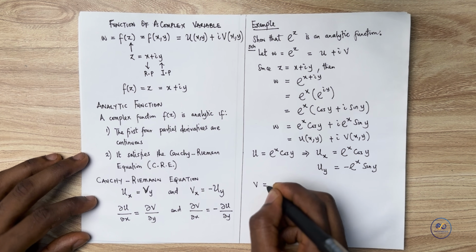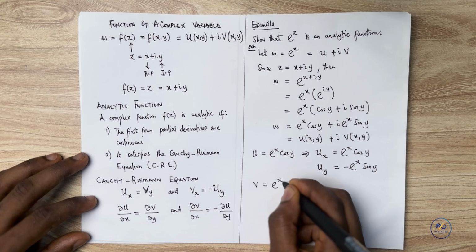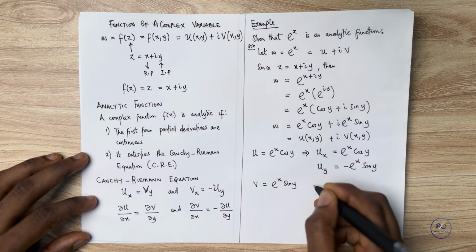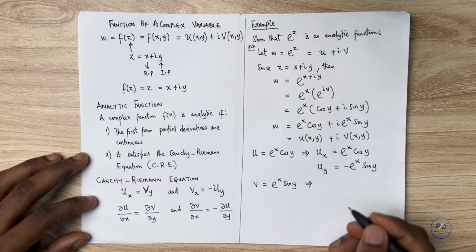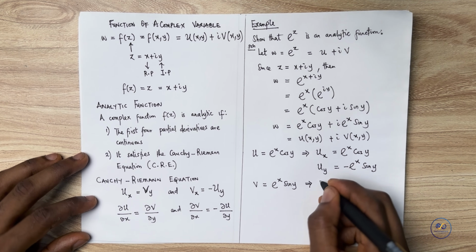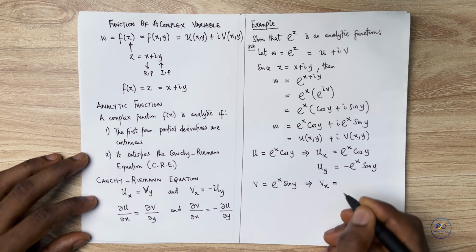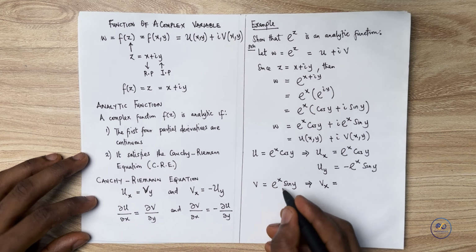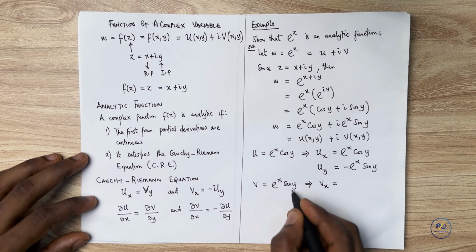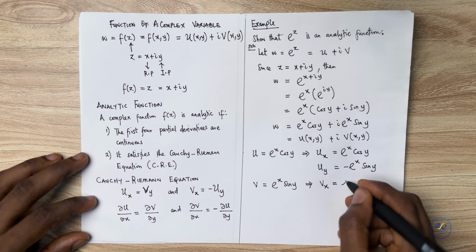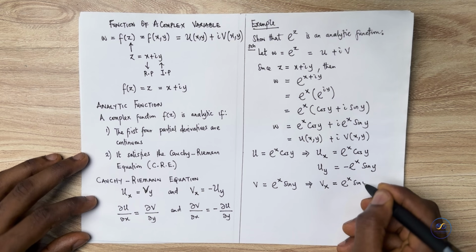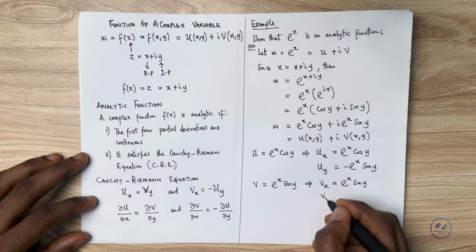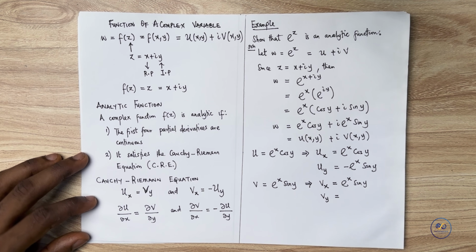Similarly, if I go for v, which is equal to e raised to the power x sin y, then this would simply also be, meaning that v_x, which is the partial derivative of v with respect to x, this time around sin y would be my constant coefficient. This would be e raised to the power x sin y still, and then v_y, which is the partial derivative of v with respect to y, this time e^x would be my constant coefficient.